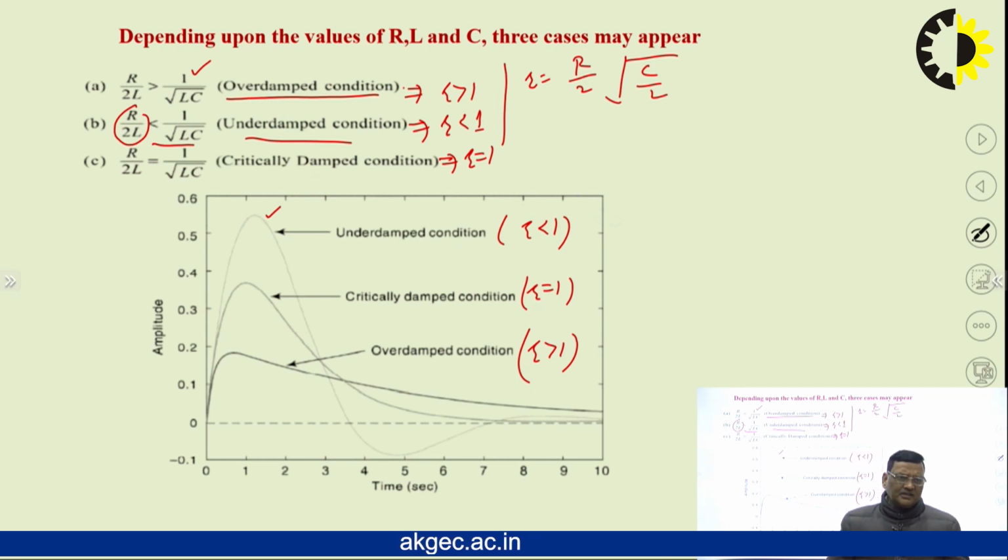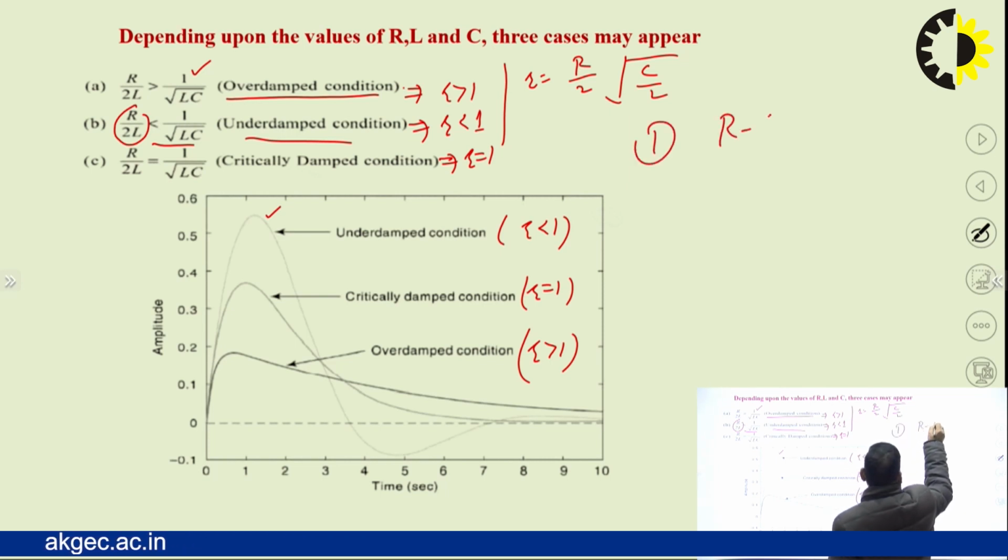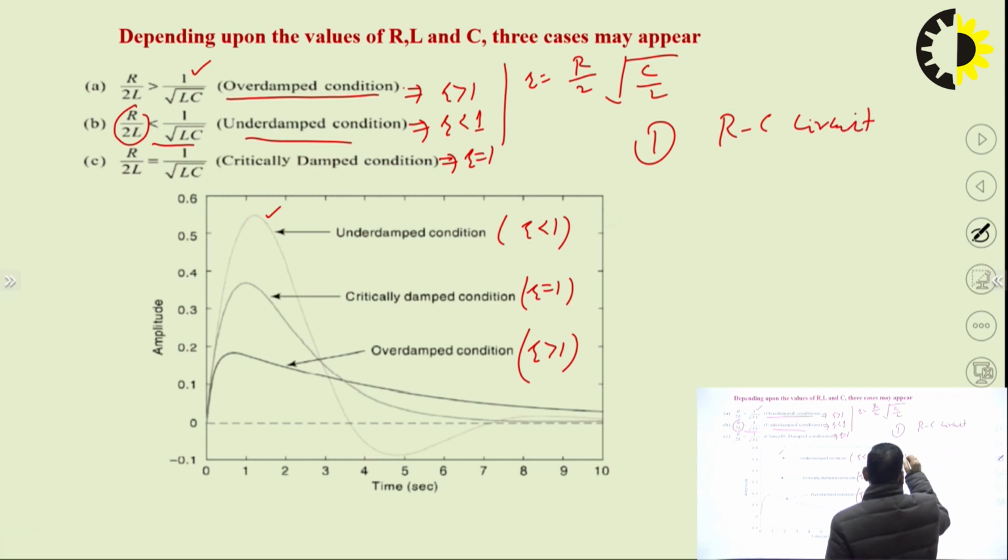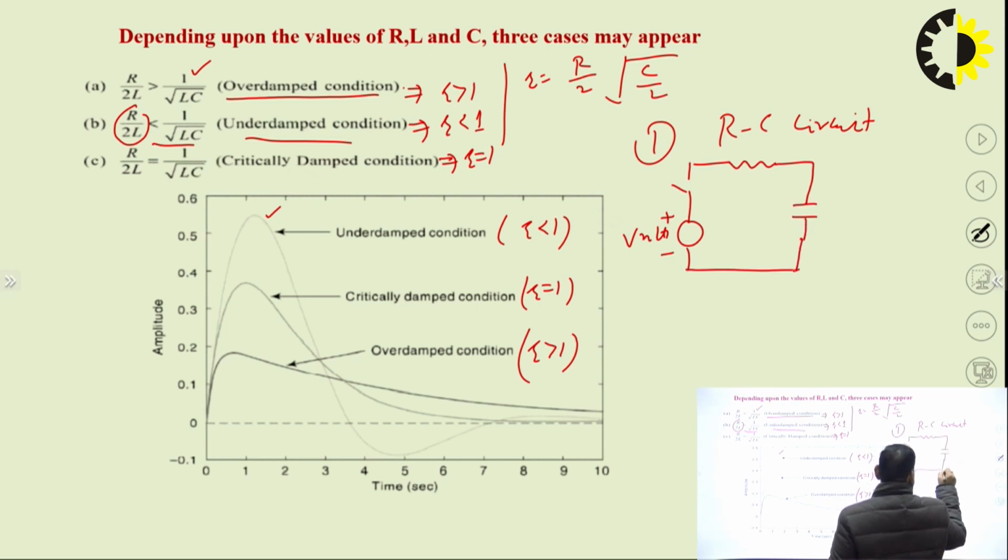I have discussed here the RL circuit and RLC circuit. We can also discuss the RC circuit. Suppose this is your input, this is your V(t), and this is your switch. This is your C, this is your R, and the switch is closed at t equal to 0.